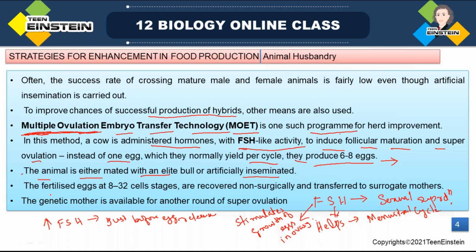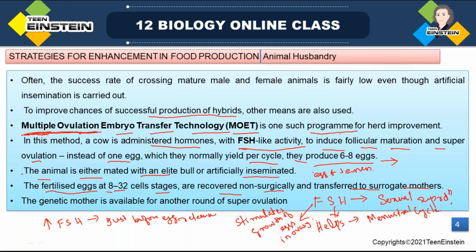Then that egg and semen, fertilization will take place. After fertilization, we have learned about different stages. In that 8 to 32 cell stage, the embryos are recovered non-surgically, and then transferred to a surrogate mother.